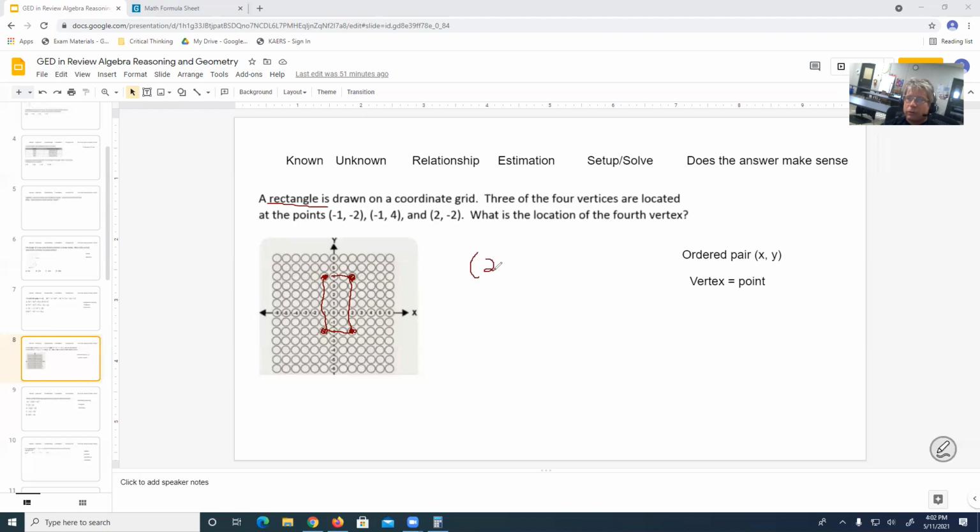So the ordered pair (2, 4) would be what would have to be found. That's the location that we're needing. So (2, 4). Again, vertex is another word for point. So these endpoints here are also called vertex or plural vertices. And again, you have to know a little bit about plotting ordered pairs to graph that. That would be our relationships that we have to come up with.